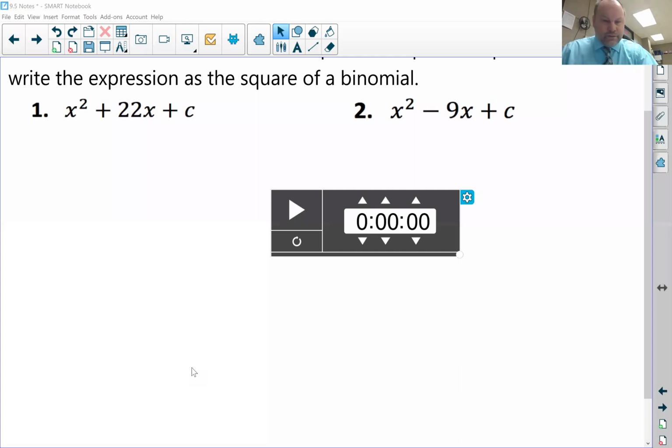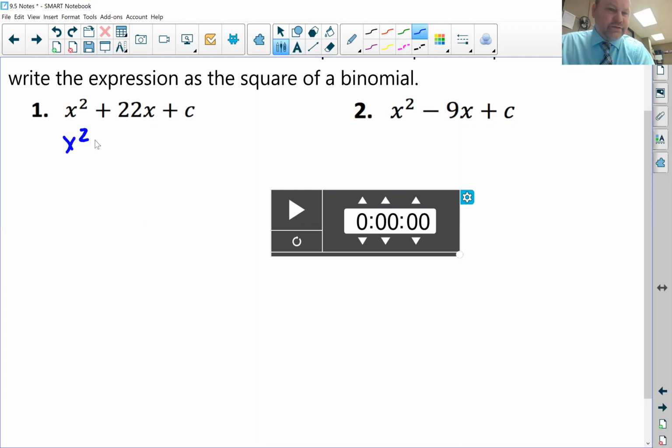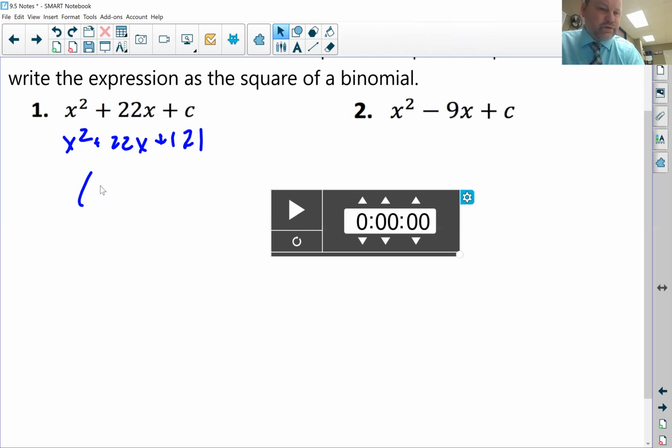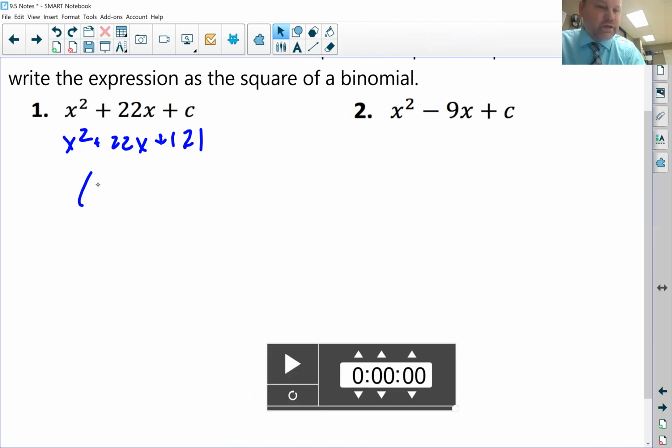All right, so for these two problems, we would find that C is 121, and that would factor into X plus 11, the quantity squared.